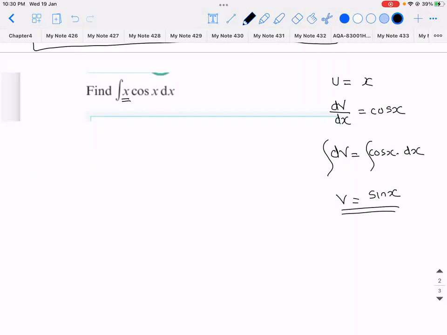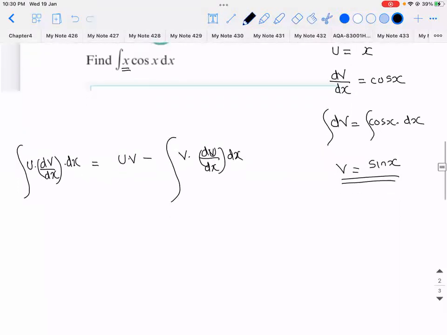Therefore, what is our formula? We are going to recall that formula. The integral of u times dv over dx dx is uv minus the integral of v times du by dx times dx. So here, what is our u?